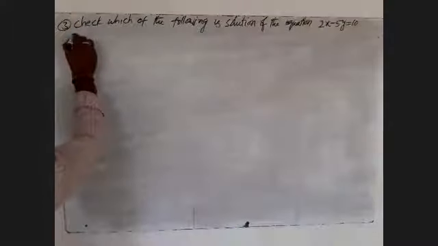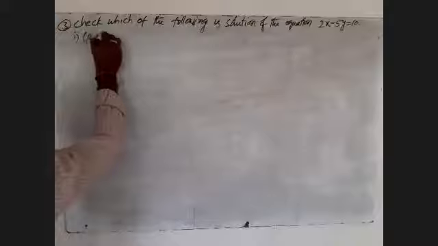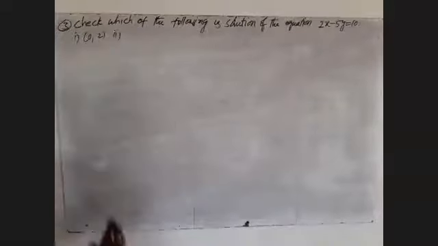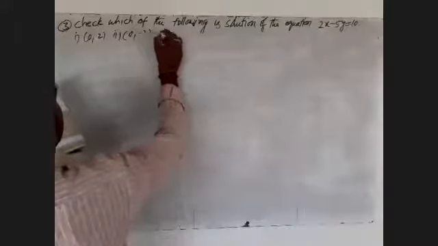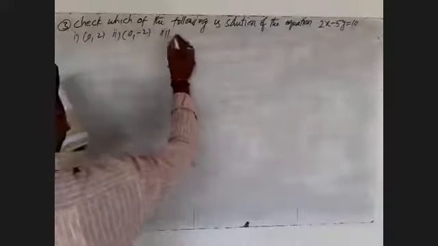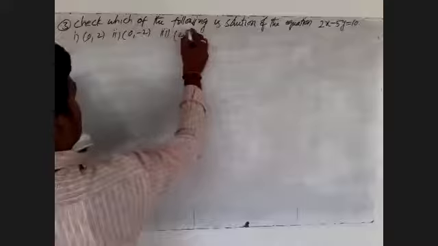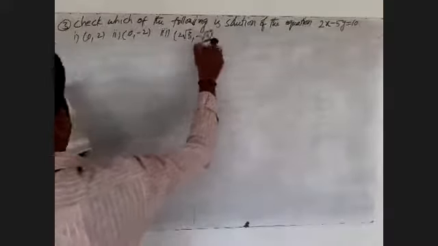The first point is 0, 2. The second point is 0, minus 2.